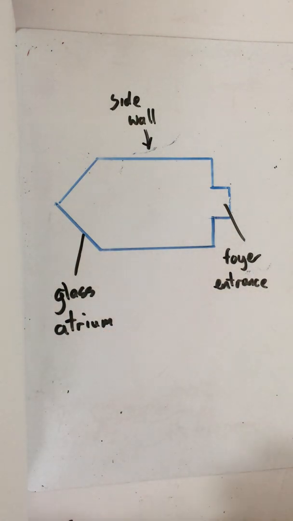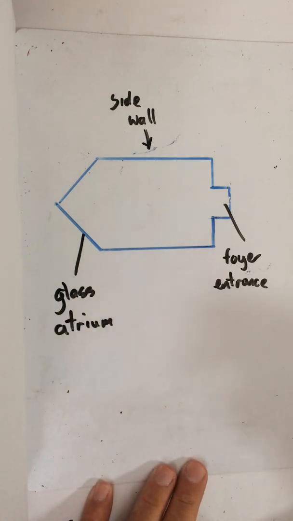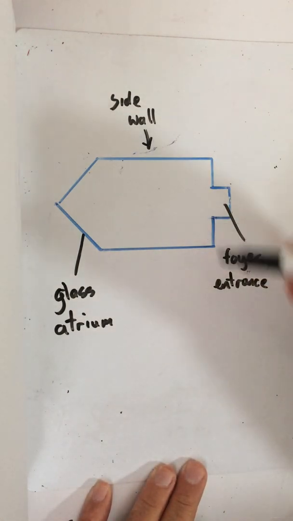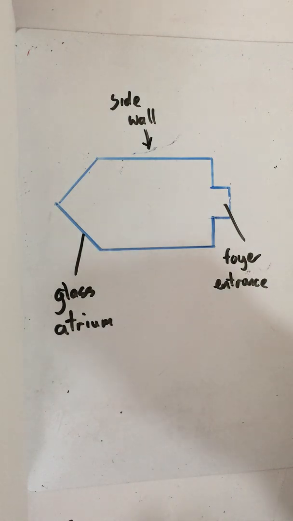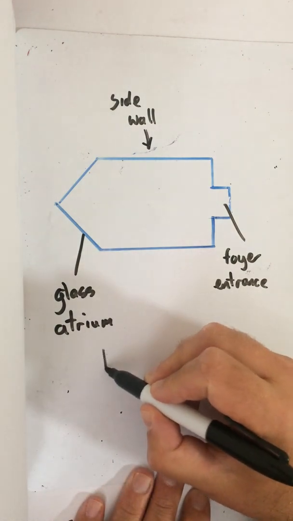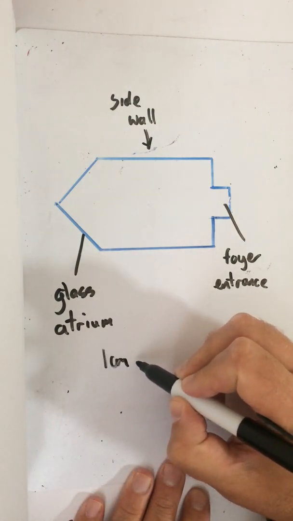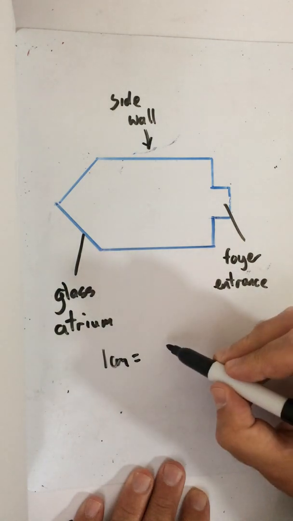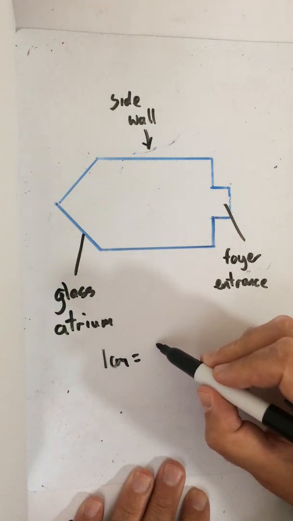Now I'm pretty sure you'll have done a lot of this work in geography, so I'm sure you'll be pretty well aware. Now the first thing you need to look at with any scale drawing is the actual scale itself. So in this scale drawing, 1 centimeter is equal to 3 meters.